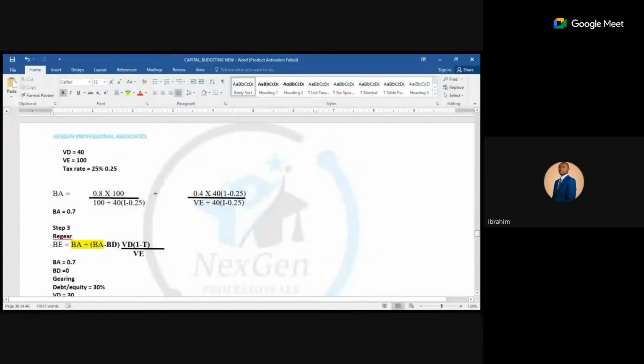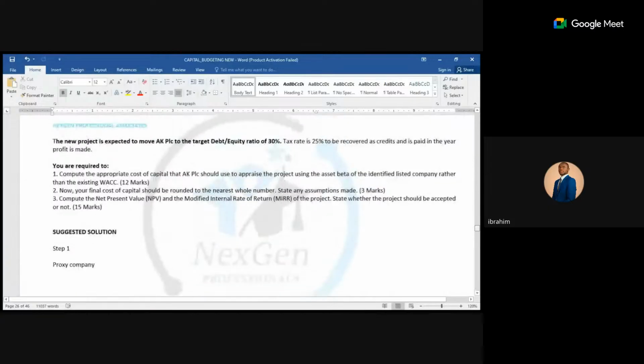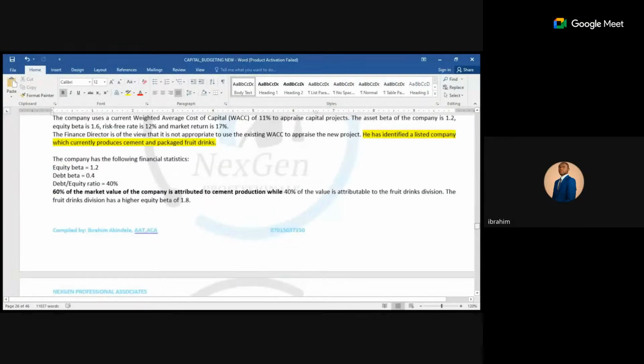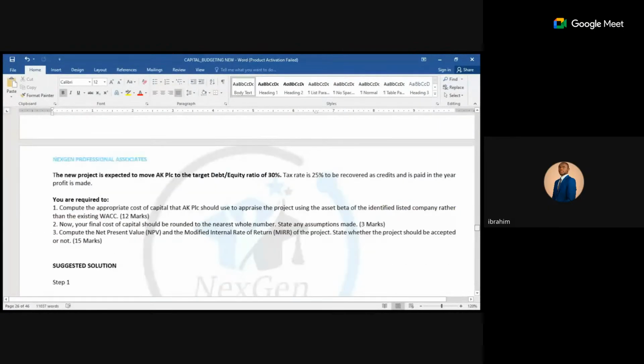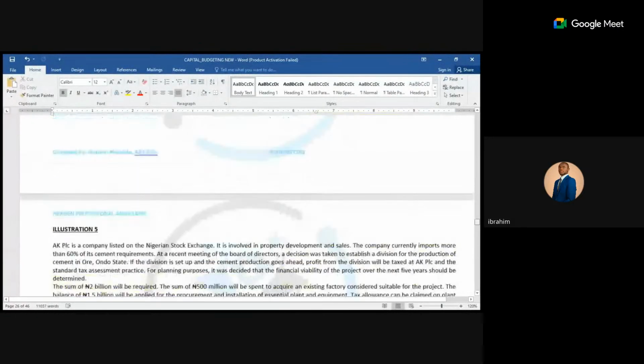Divided by 200. So what is the next question? I think it's on net present value, right? Okay, net present value. So we have to do some adjustments quickly.